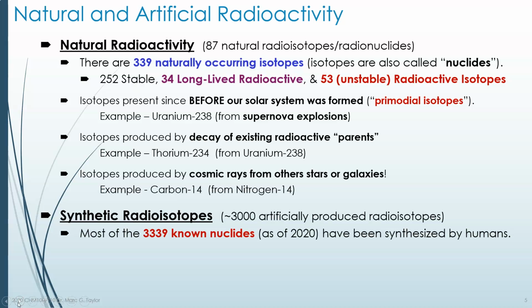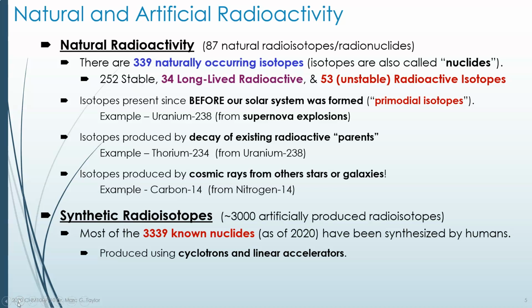We have synthetic radioisotopes, and in fact, even though there are only about 339 naturally occurring isotopes, there are about 3,000 that human beings have produced, and all of these are radioactive. So most of these 3,339 known nuclides, most of them have been made by humans.